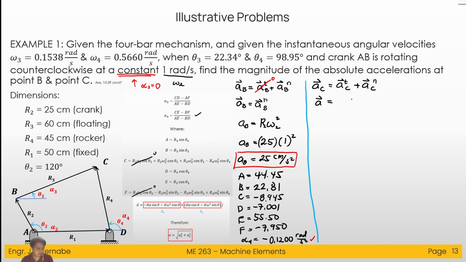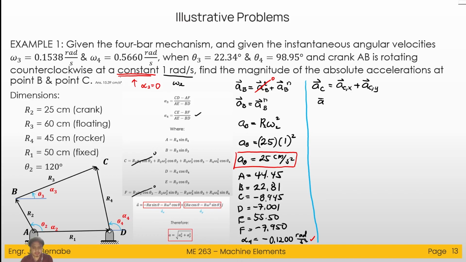So actually, no. I mean, you can do this as well, but I'll just use another way to solve this one. We can just use the x and y components, so we can just use the x component plus the y component.